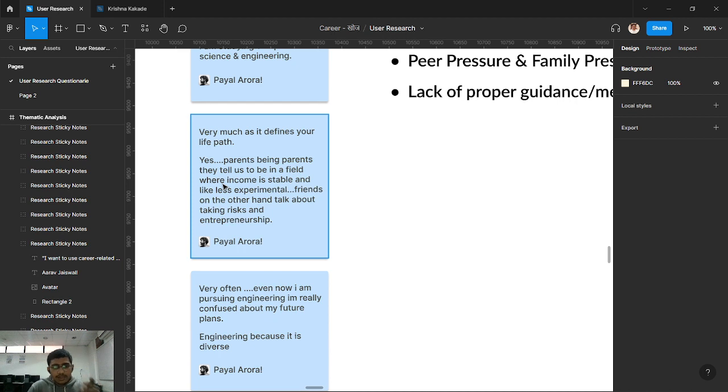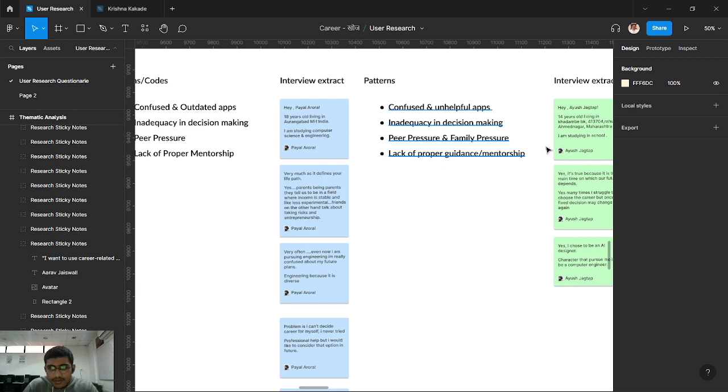Yes, parents being parents, they tell us to be in a field where income is stable and less experimental. Friends, on the other hand, talk about taking risks and entrepreneurship. So there is family pressure and also social pressure from friends that this candidate is experiencing. On the basis of that, what patterns are we getting? Confusing and unhelpful apps, inadequacy in decision making, peer pressure and family pressure, lack of proper guidance and mentorship.